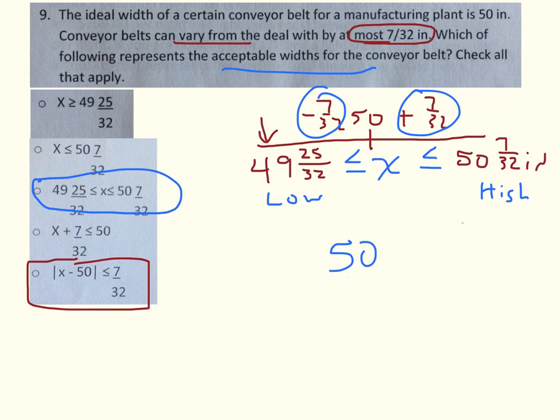Because if you do 49 and 25 over 32 minus 50, and take the absolute value, you're going to get an answer of 7 over 32. And if you do the same thing with 50 and 7 over 32 minus 50, again, you take the absolute value and you'll get 7 over 32. That is why this is also another viable option.